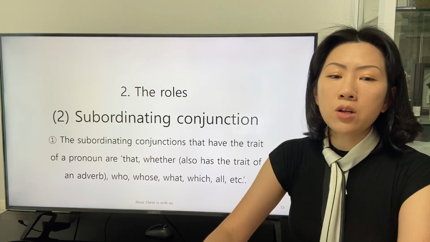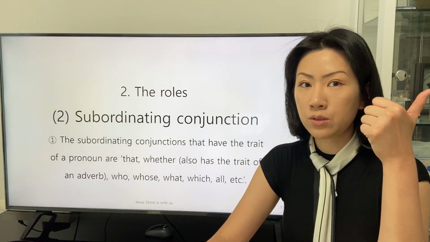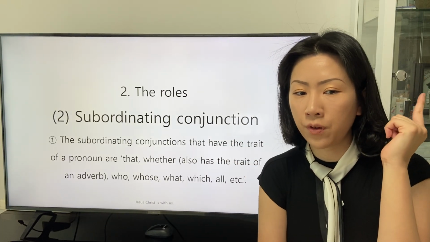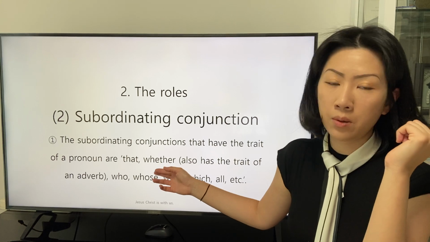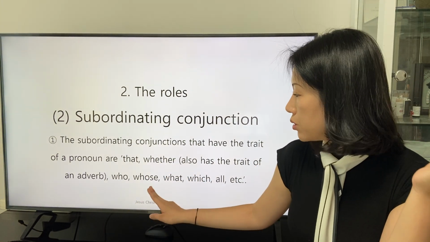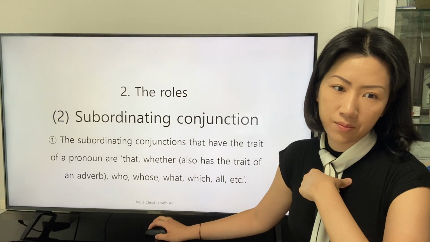The subordinating conjunctions that have the trait of a pronoun are that, as we studied before; whether, which also has the trait of an adverb, since whether can be applied as an adverb; who, whose, what, which, all, and so on.